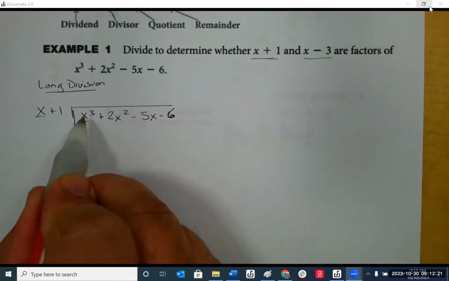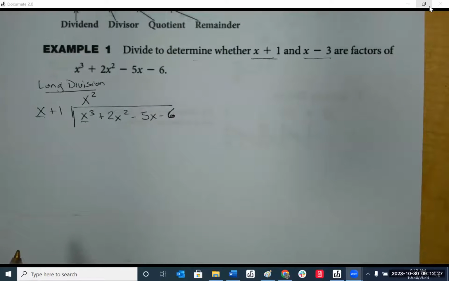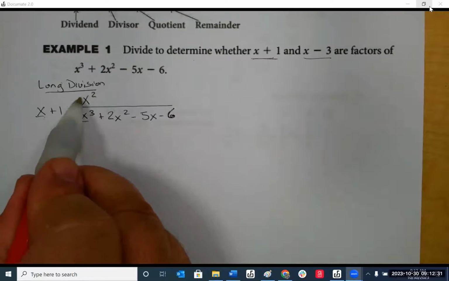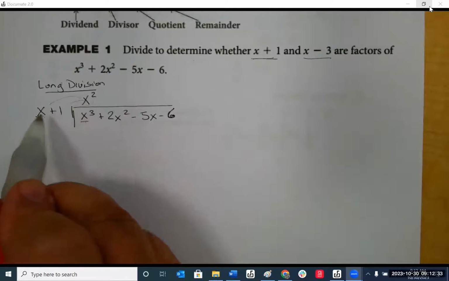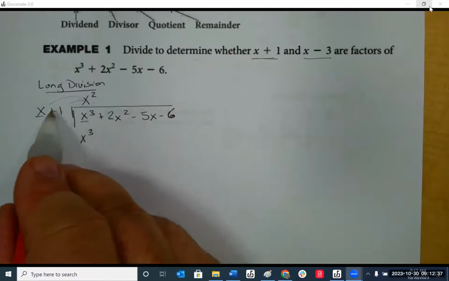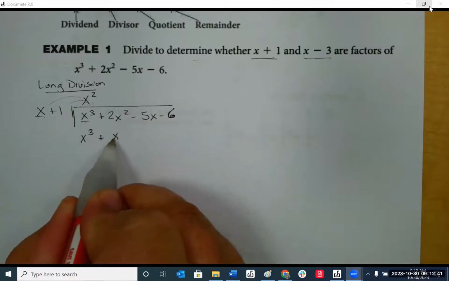X times what gives me x cubed? I'm missing 2 x's, so it's x squared. Multiply this to both of those. So x squared times x gives me x cubed. Positive times positive is positive. X squared times 1 is x squared.